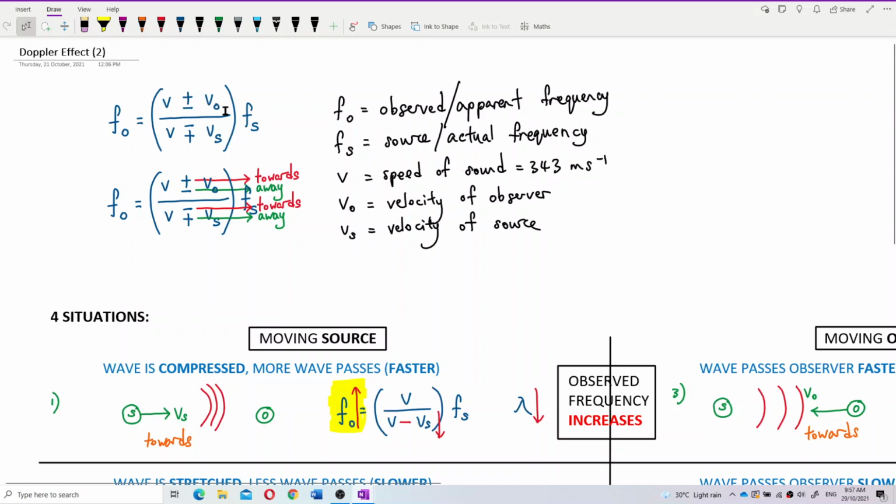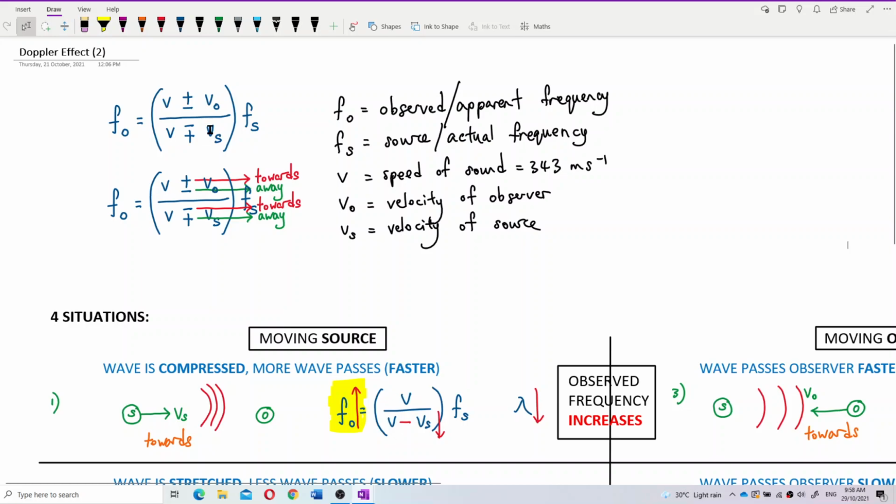And then vo is the velocity of the observer. So the top uses the observer velocity, whereas below is vs, the velocity of the source. If the observer is moving, we have vo; if the source is moving, we have vs. So v here is just the speed of the sound wave.